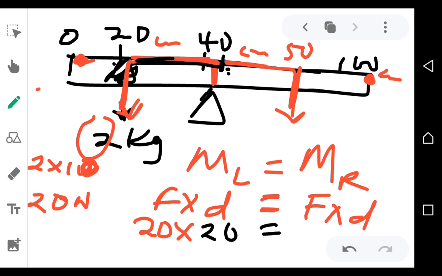This is x, the weight of the rule which I'm looking for. I do not know it, but it's acting at 50. So the weight is x, times the distance it's acting, from the center to the pivot: 50 minus 40, so it's acting at 10.